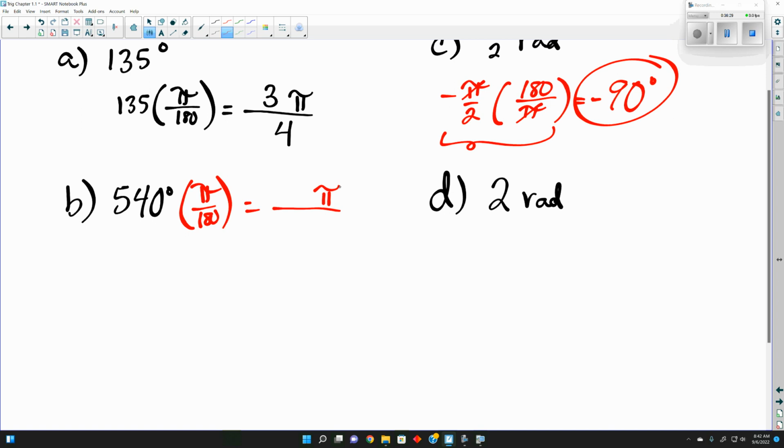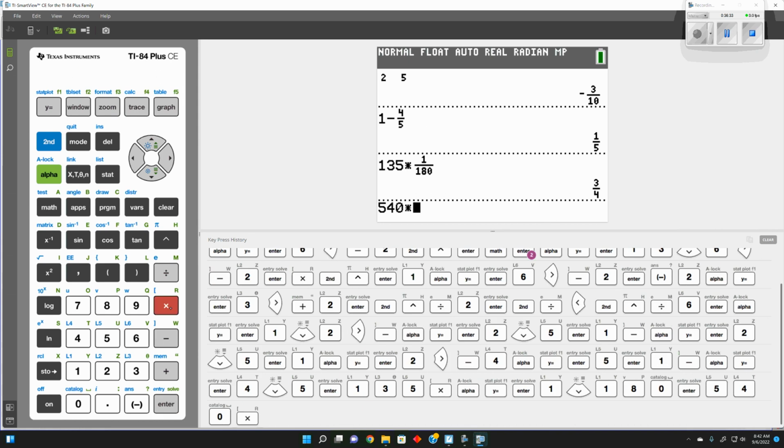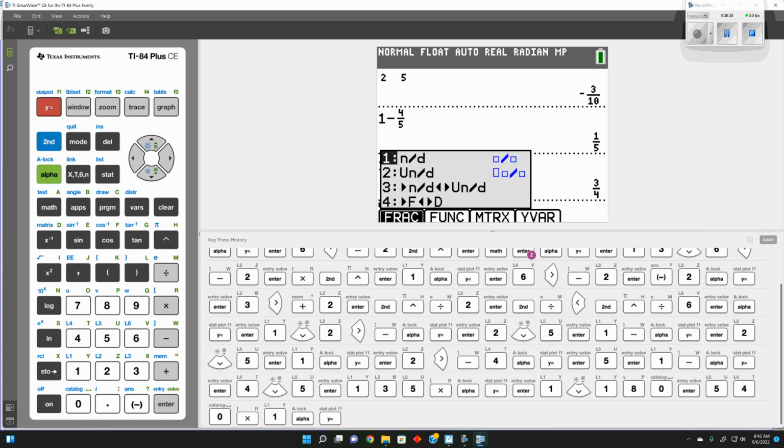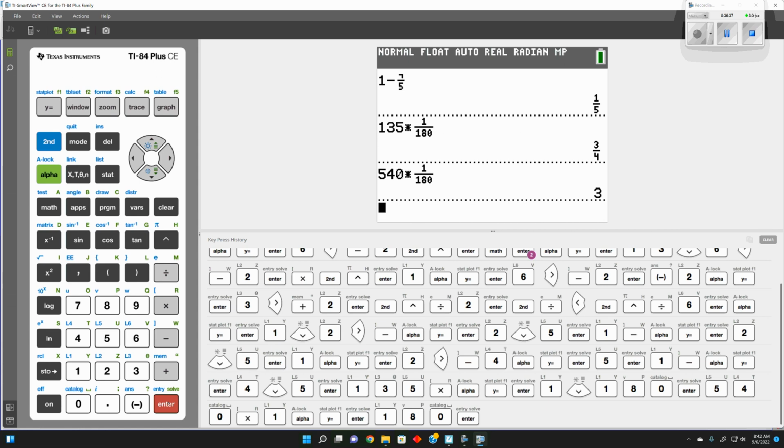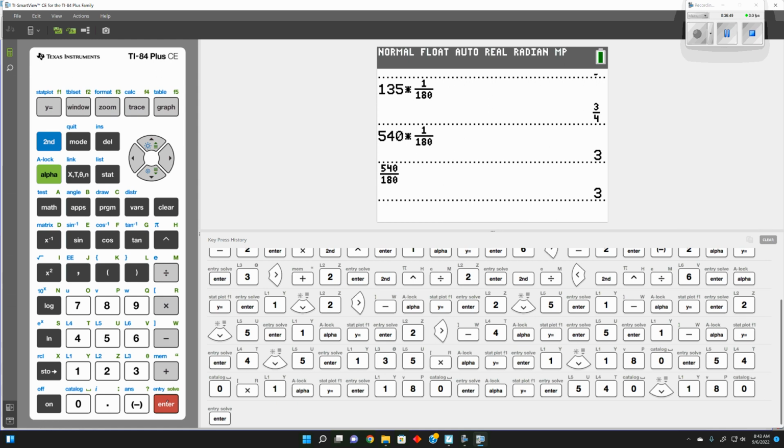So we could come over here and say 540 times 1 over 180, and we get 3. Or I could say 540 over 180, because that's really what we end up doing.